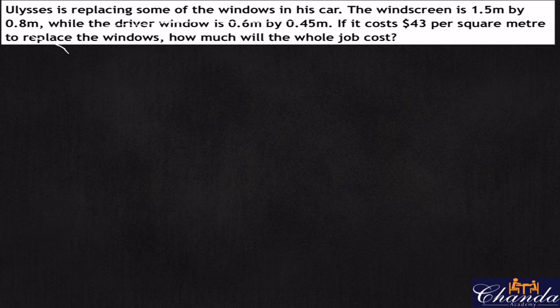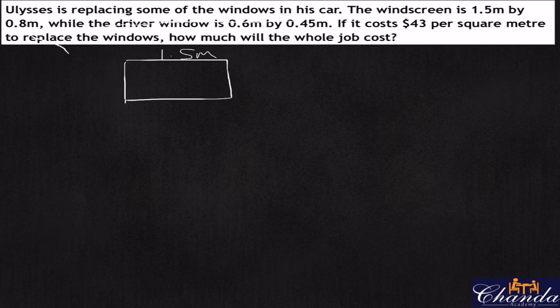Alright, so now let's completely draw this out. So we have the windscreen, which is 1.5 meters by 0.8 meters. So that's the windscreen here. Then we have the driver window, which is 0.6 meters by 0.45 meters.